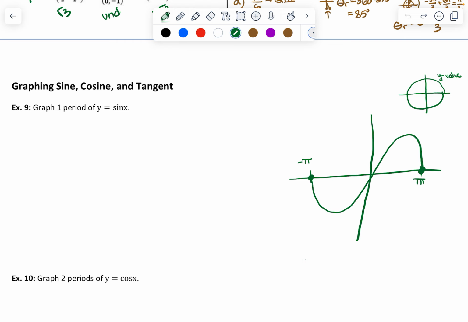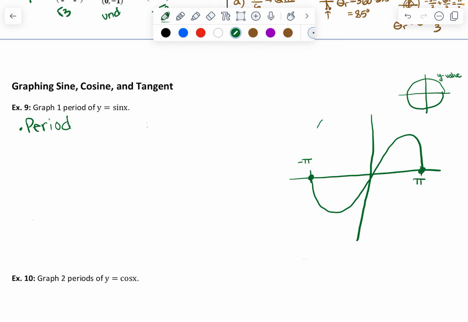It repeats continuously. And for periodic functions, they have something called a period. The period is the length that the function travels before it starts to repeat, all right? For sine, we did a snapshot from negative pi to pi because this is one period of sine, okay?